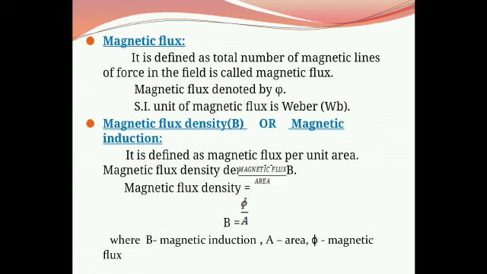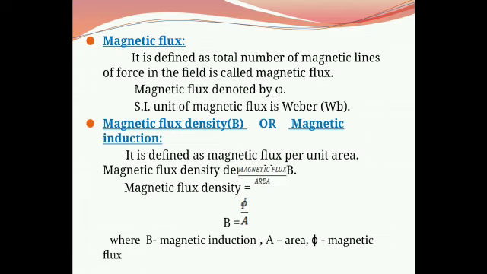Then what is magnetic flux density or magnetic induction? Magnetic flux density is denoted by capital B, and it is the ratio of magnetic flux per unit area, that means the total number of magnetic lines of force per unit area.